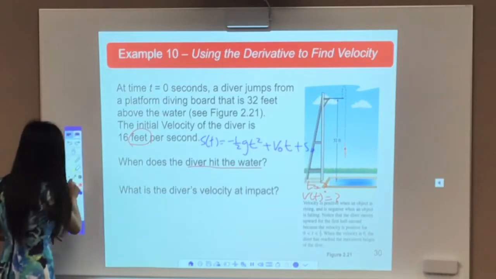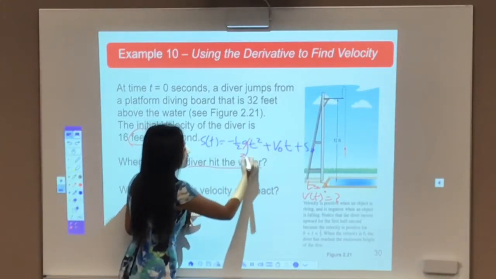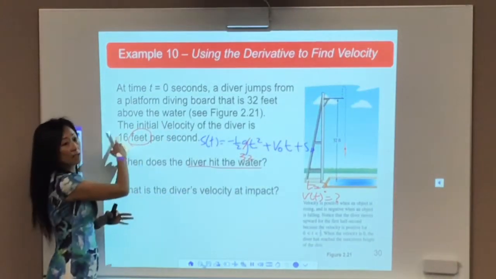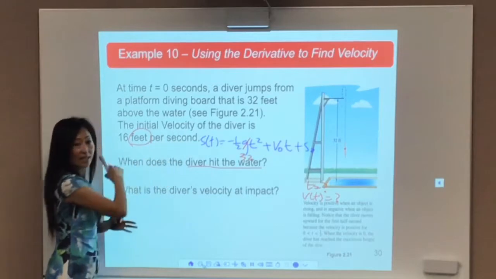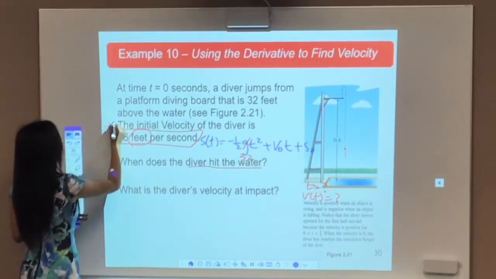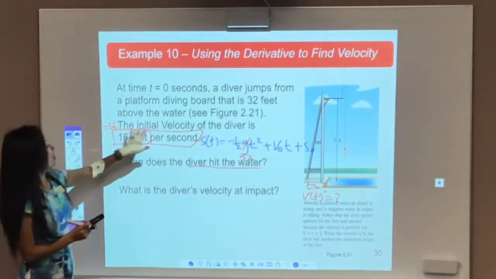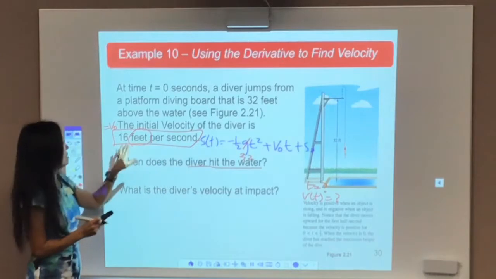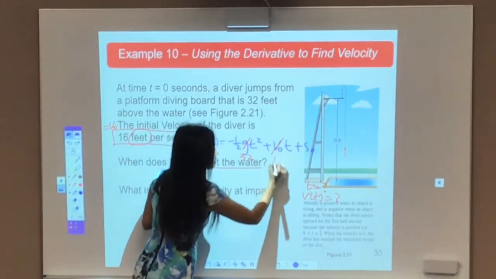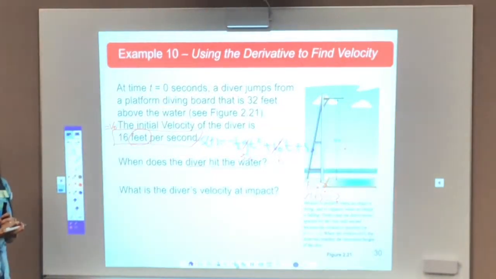So you tell me, what is it then? We know what g is, that's 32. Why am I using 32? Because the problem says 16 feet per second. What is this one they're giving you? This is v0, does everybody agree? Because it says the initial velocity of the diver is 16 feet per second. So can I plug this in as 16?